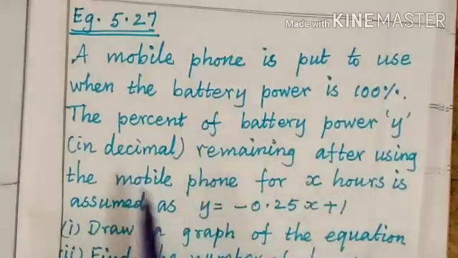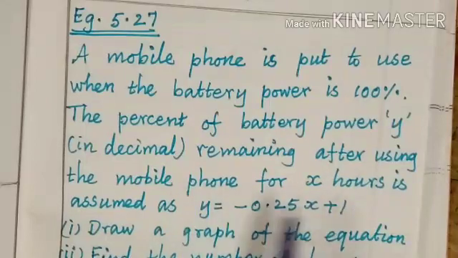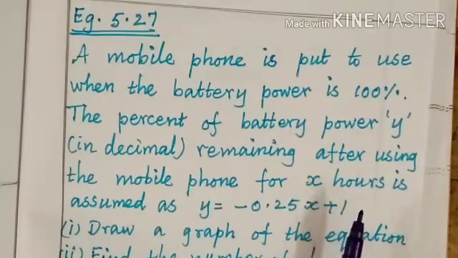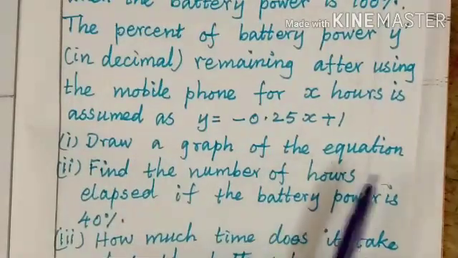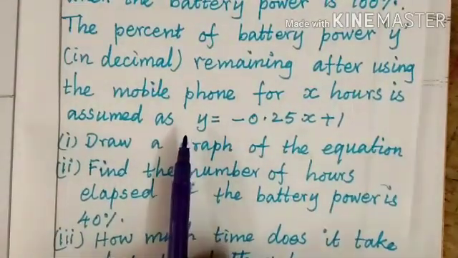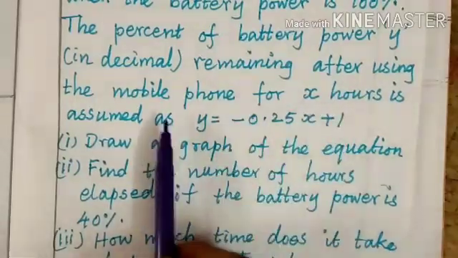So, in this question, the y-axis denotes the battery power and the x-axis denotes the elapsed time in hours, that is used time in hours. We have to draw the graph for this equation.